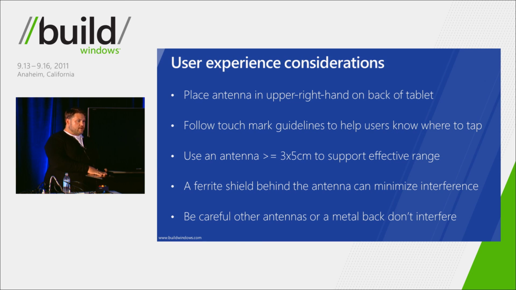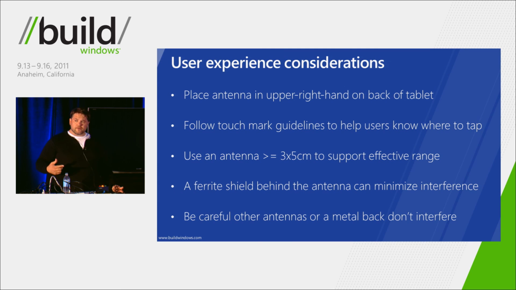Putting the antenna here doesn't help when I want to do that. It's really important to think about what it means to do this kind of interaction, because we think these are going to get light, simple, they're not going to be hot, people are going to use them, they're going to have phones, they're going to have other devices. You want the model to be simple so we can get adoption of these scenarios.